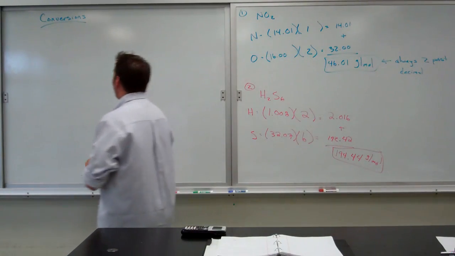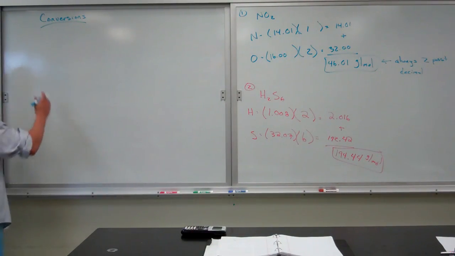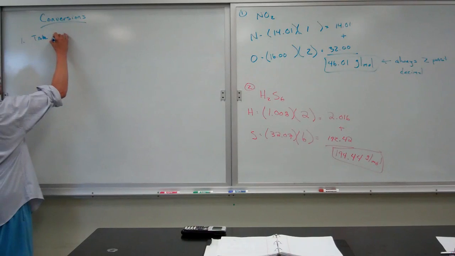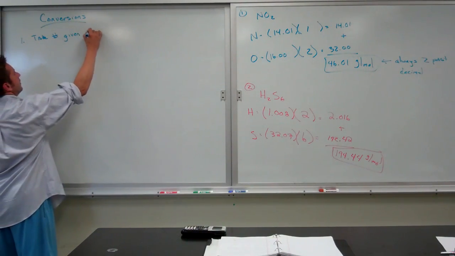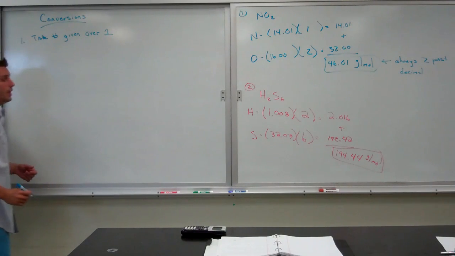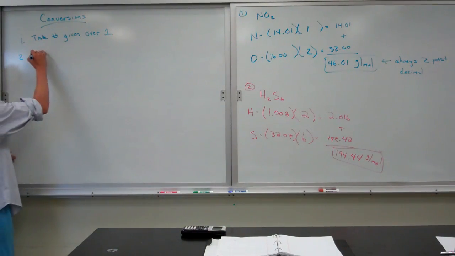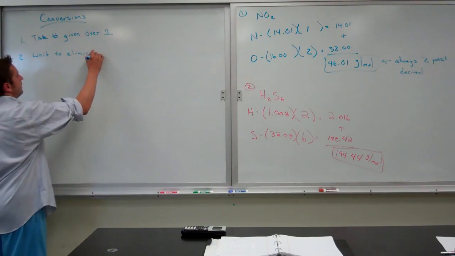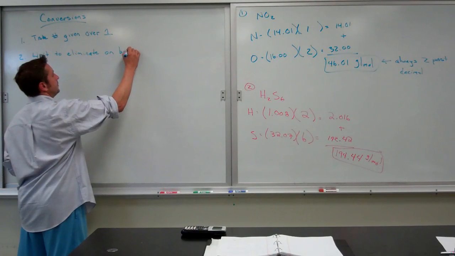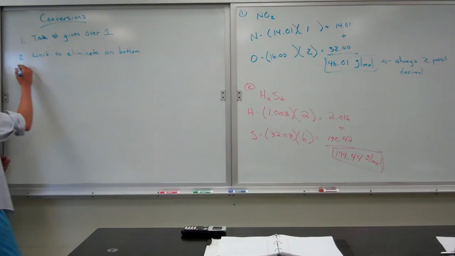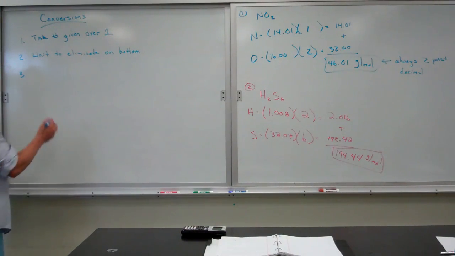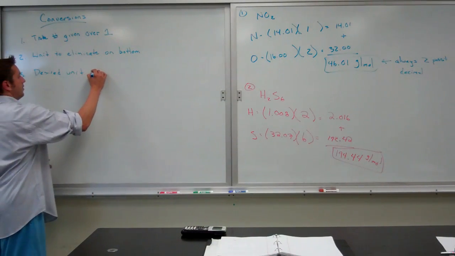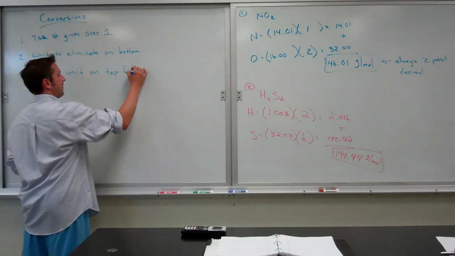So a little refresher on our steps to converting. Remember, when we do conversions: step 1, take number given over 1. Step 2, unit to eliminate on bottom. Step 3, desired unit on top, if possible.